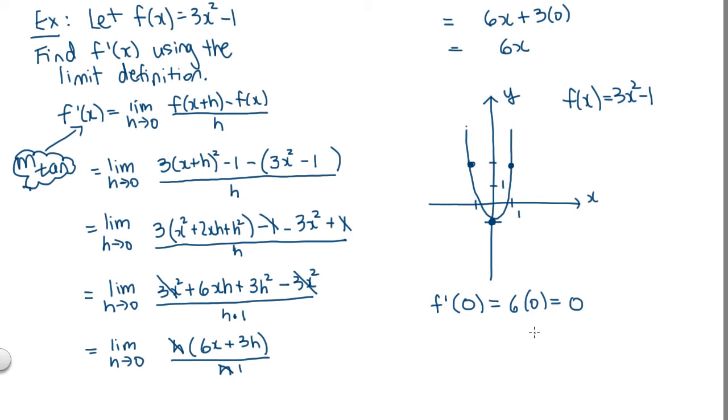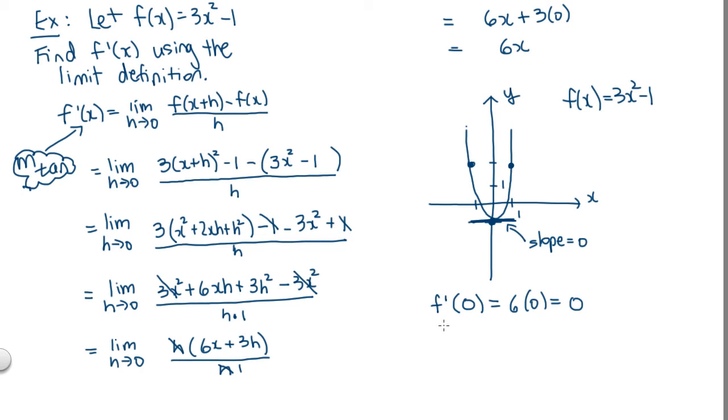And what that's telling us is if we locate the x value 0 and we draw a tangent line at that point to the curve, the tangent line is going to look like this. This is giving us the value of the slope of the tangent line. So it's just saying slope of this tangent line here is equal to 0. So that makes sense because our tangent line looks horizontal there. So yes, the slope should be 0.